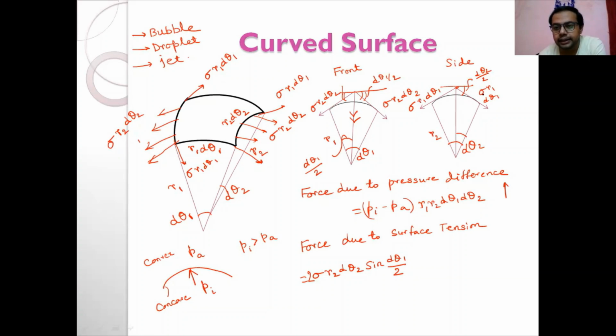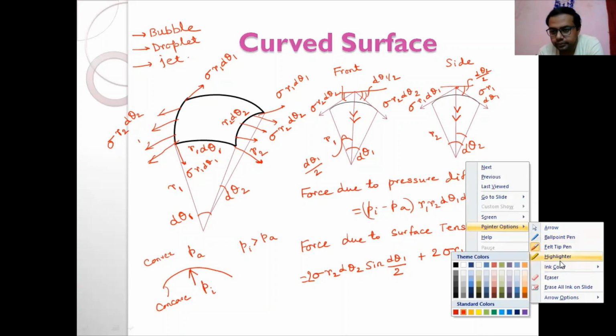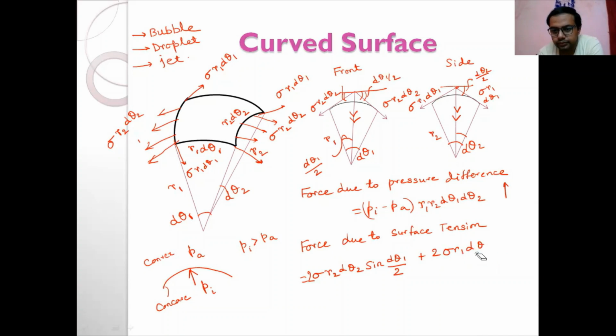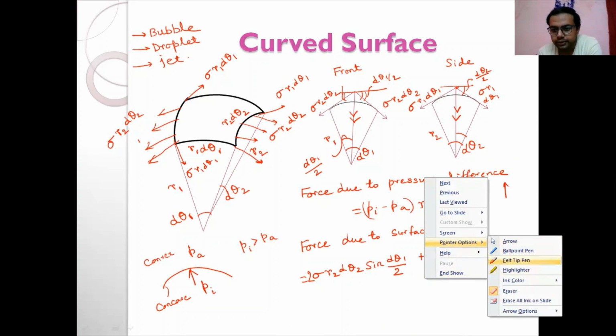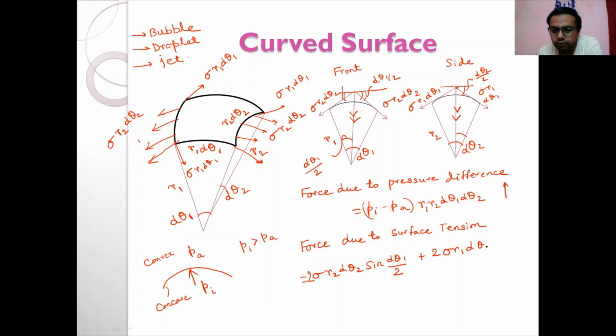In the same way, the sine components also come in this direction. So we can write it as 2 sigma R1 d theta 1 sine d theta 2 by 2.